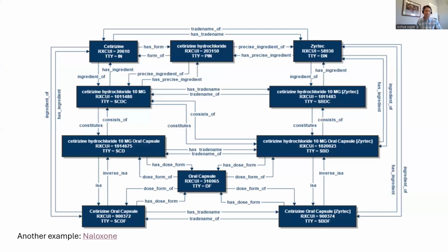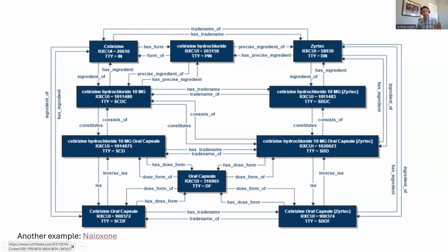This is a very complex graph here, but every term type has a relationship to other term types, and you can follow the relationships. In this example, we've got cetirizine as an ingredient, and you can see that Zyrtec is a brand name, and it is the trade name of cetirizine.